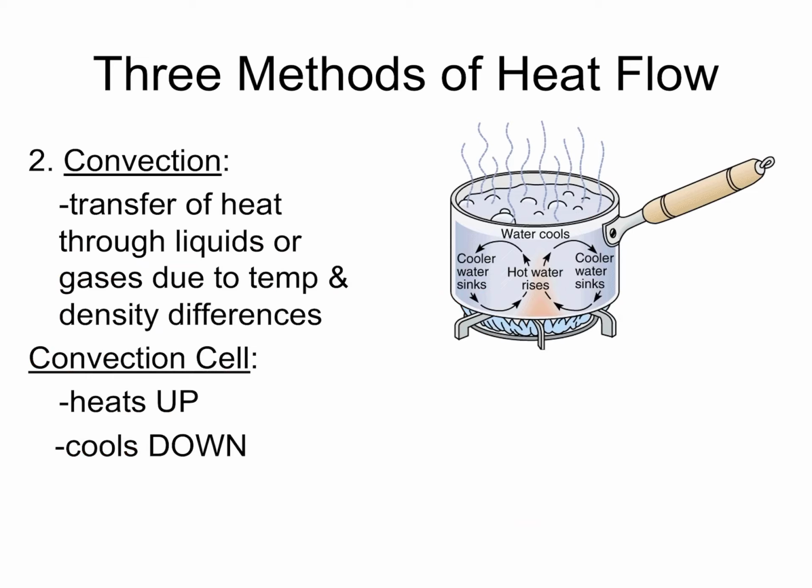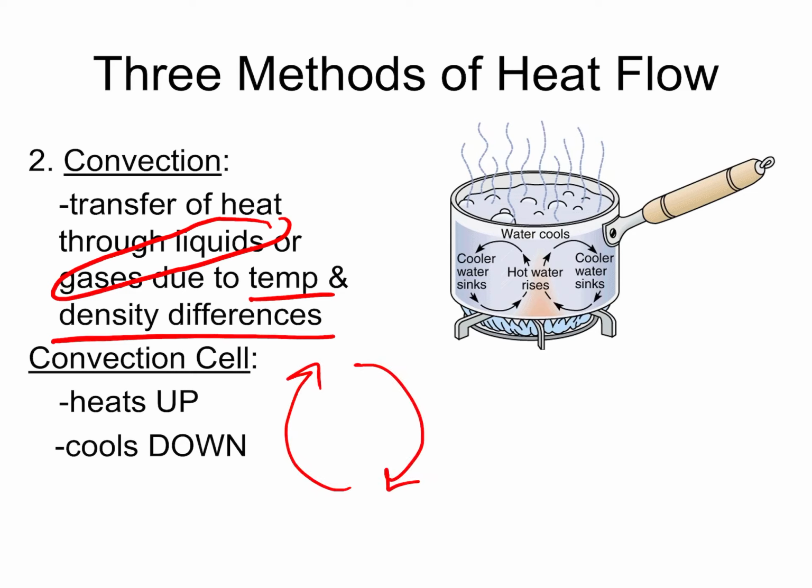All right, next one is convection, and you should totally be thinking of convection currents, right? So this is nothing new. It's just another way of heat transfer, which is exactly what we were talking about in the asthenosphere, right? Heat is traveling through liquids or gases due to temperature and density differences. Remember, they heat up and then they cool down, making those convection cells.